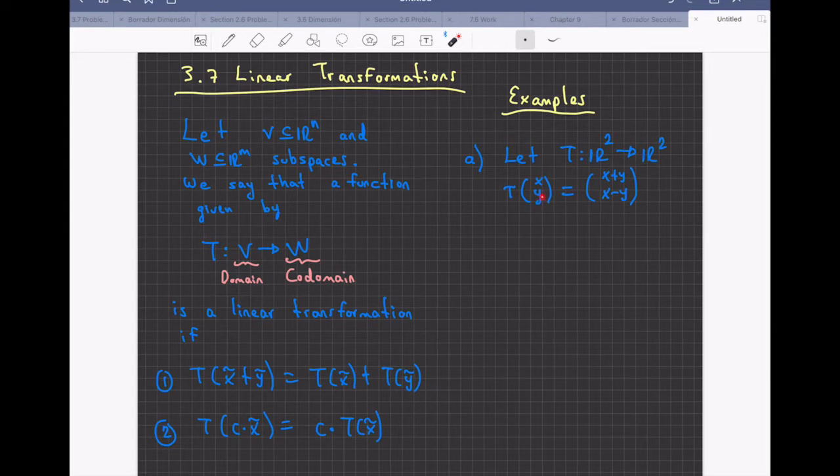So T of (x, y) returns (x plus y, x minus y), something in R2 because the domain is R2 and the codomain is R2. So we will verify that T is a linear transformation.